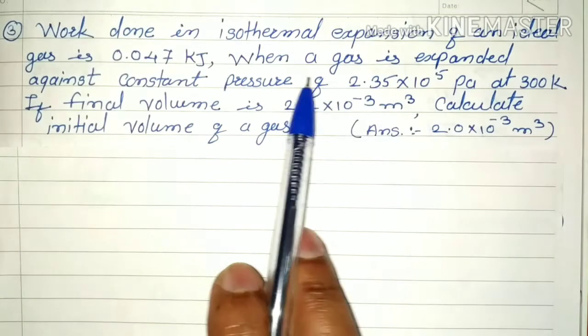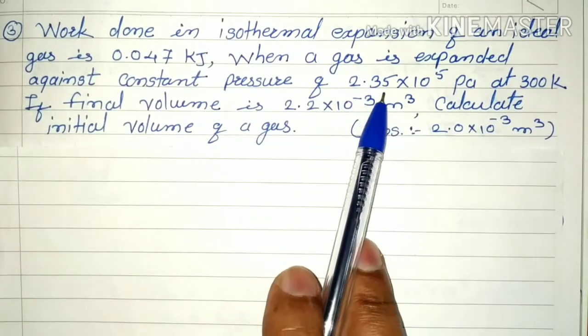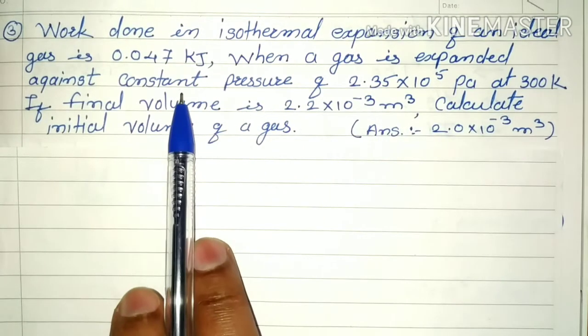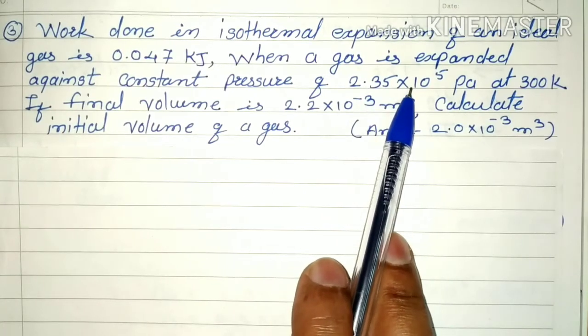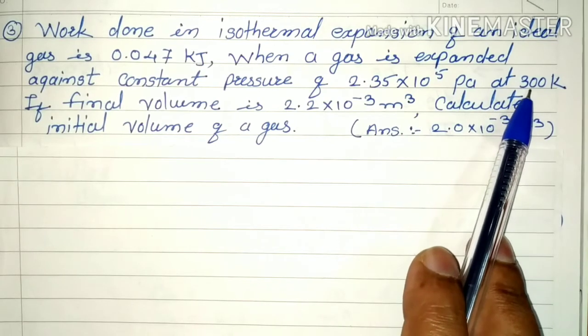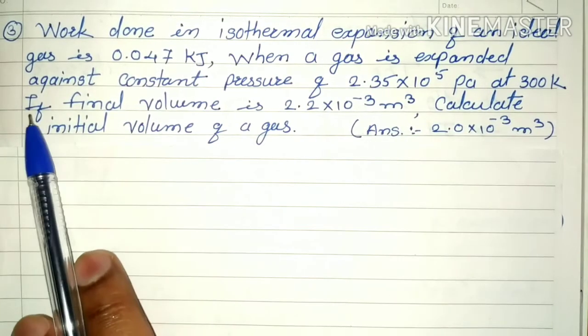Okay, so when a gas is expanded against a constant external pressure of 2.35 into 10 raised to 5 Pascal, means the external pressure P ex is equal to 2.35 into 10 raised to 5 Pascal at 300 Kelvin. So temperature T is equal to 300 Kelvin.